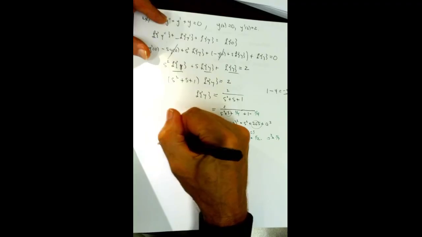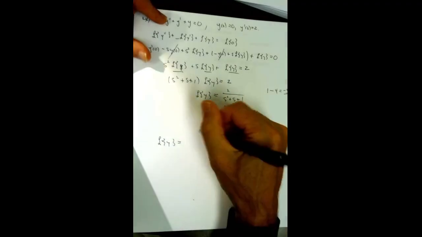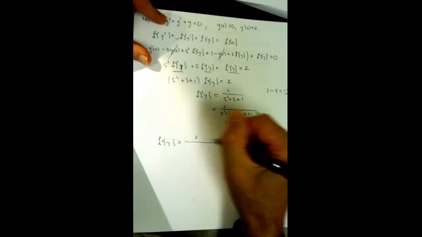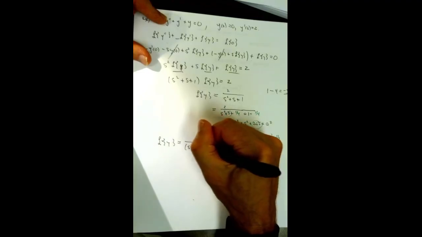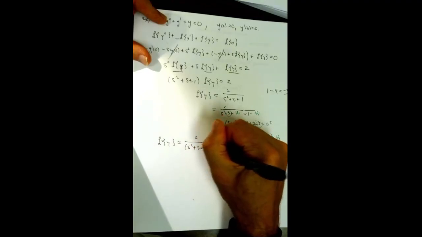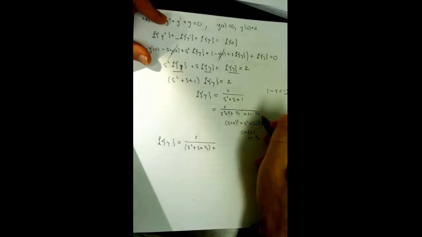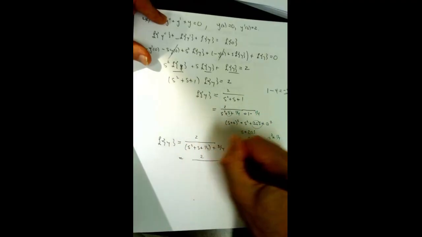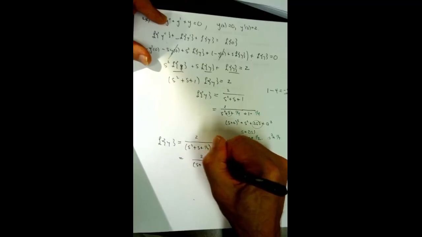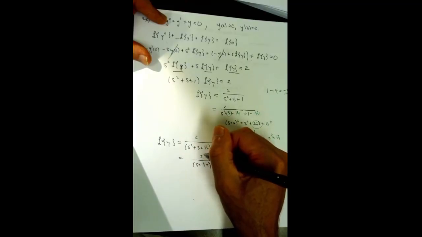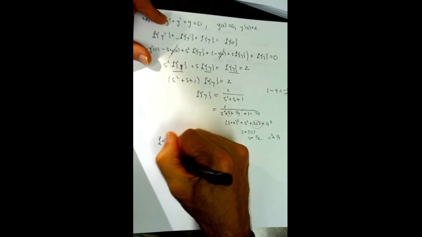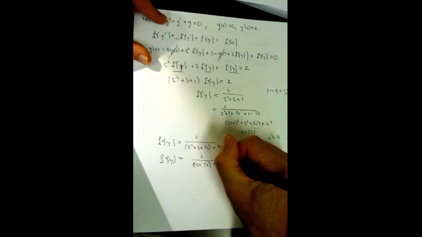So my Laplace transform of y is 2 over s squared plus s plus a fourth, and then 1 minus a fourth is plus 3/4. So I get Laplace transform of y is 2 over the quantity s plus 1/2 squared plus 3/4.